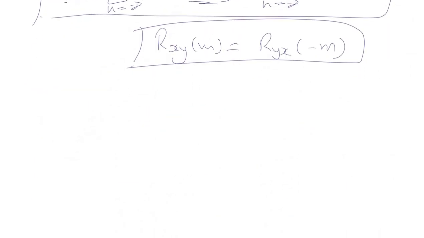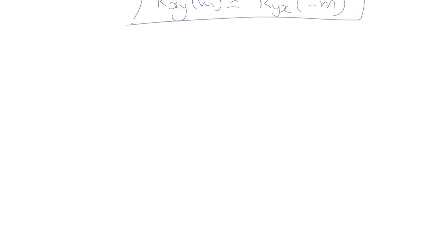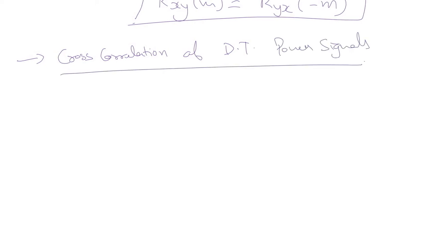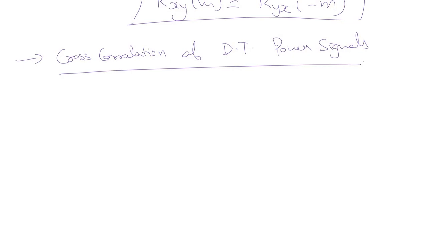Similarly, we can have a look at the cross correlation of discrete time power signals. Again, cross correlation means we are dealing with two signals x and y, and these two are power signals. The mathematical expression will remain the same, but now we'll use the time average.